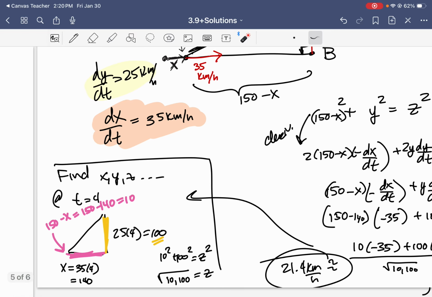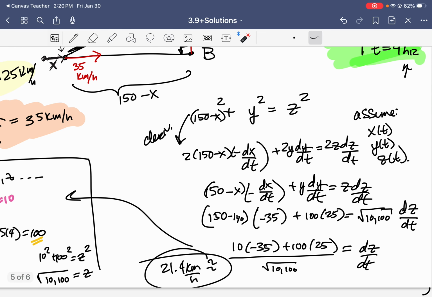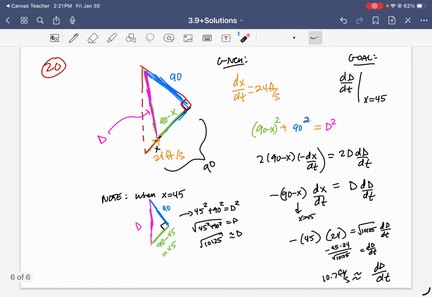And then z, if we have a 10 squared and a 100 squared, 10 squared plus 100 squared equals z squared, we get that z is root of 10,100. When we divide, we get this, which turns out to be approximately 21.4 kilometers per hour. Pretty awesome. Notice this one is very similar.